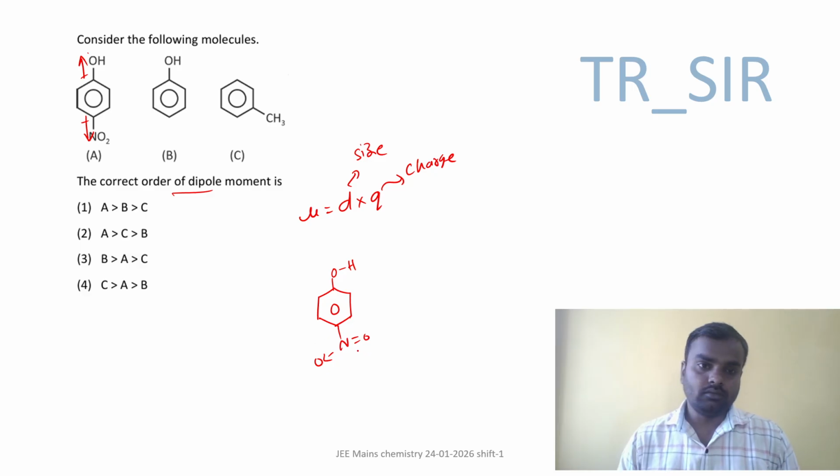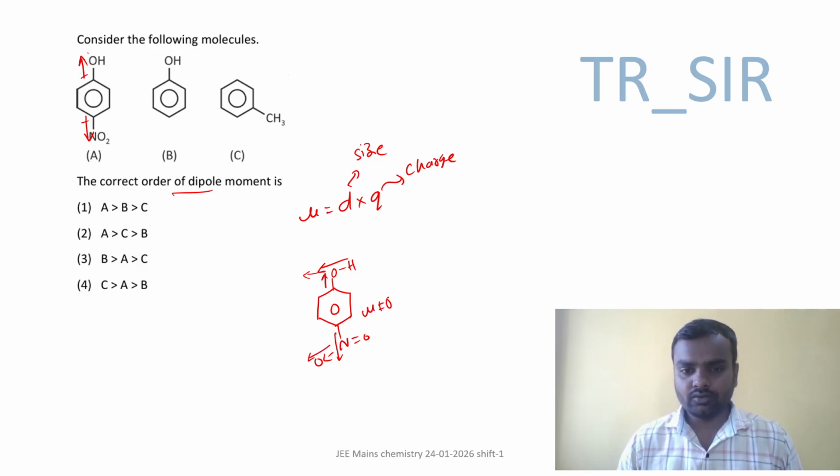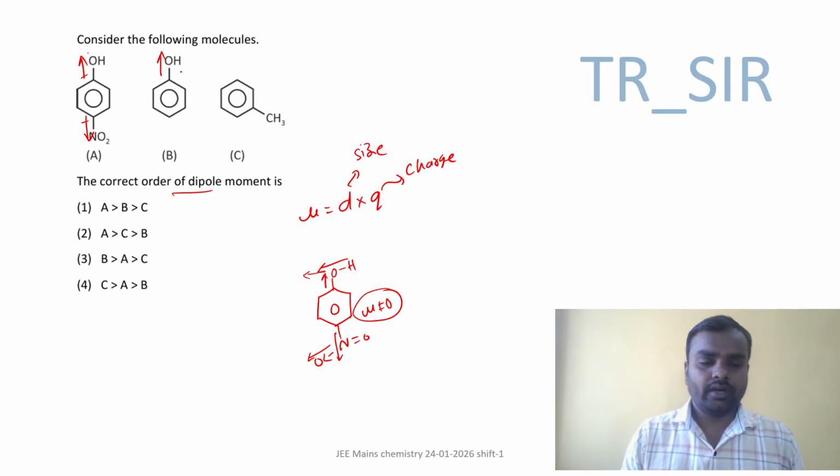You can see the dipole moment is maximum in this case, right? It will pull toward this direction, and it will pull toward this direction. So the resultant vector will go like this, coming towards this direction and this direction. That means mu is not equal to 0 in this case. And in this case, you have only the upward direction.